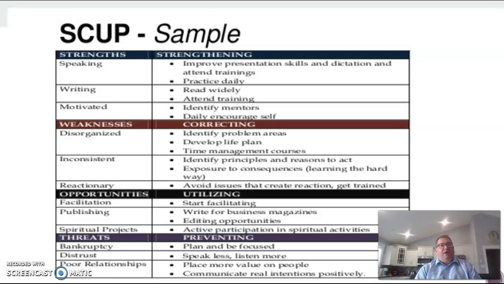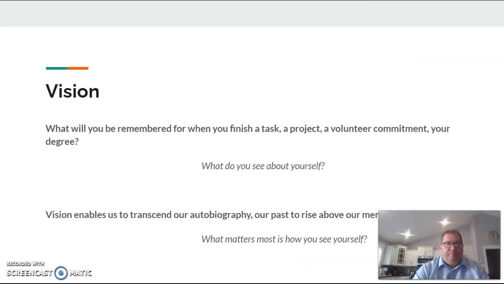The next stage is figuring out how to move those weaknesses down the continuum toward strength, how to utilize the opportunities in front of me, and how to prevent the things that are getting in the way. What can I do before these threats become a real problem for my goals and my motivation?